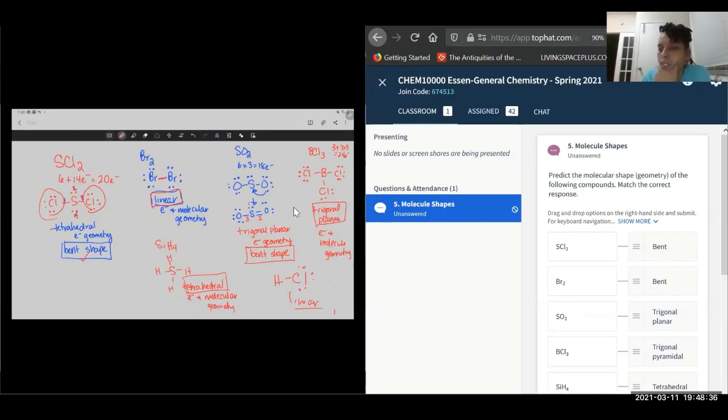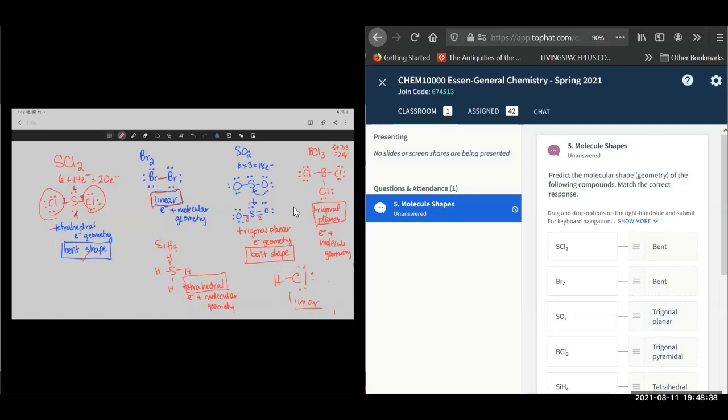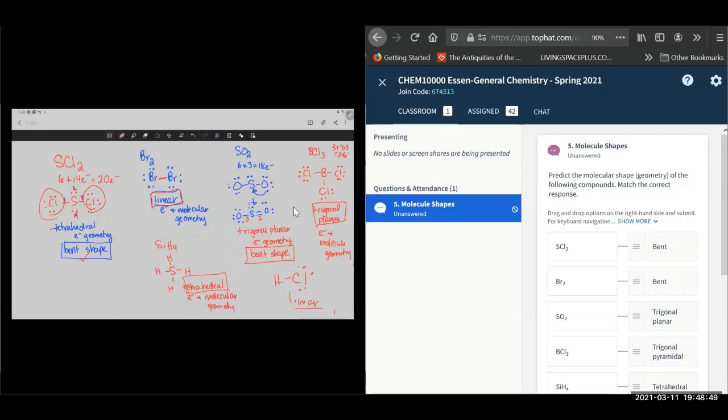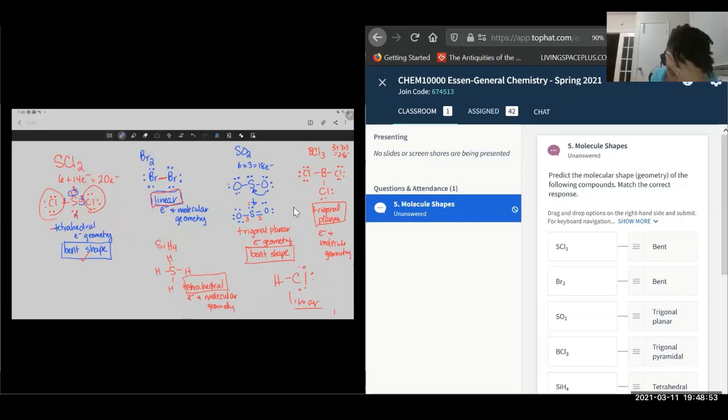Okay? Professor, sorry to interrupt. By electron groups, you mean bonds? No, I mean electron groups. So let's look at SCl2. I've got 1, 2, 3, 4 groups of electrons surrounding my sulfur.